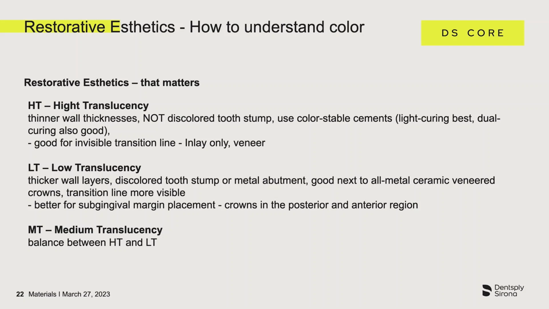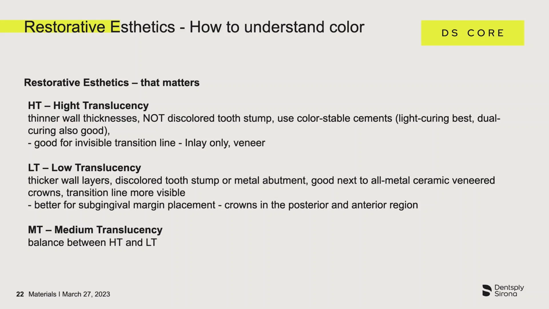As the name suggests, the LT blocks with low translucency result in a more opaque looking restoration, which often appears lighter but is more likely to cover a dark tooth stump, and where the tooth stump color does not directly affect the aesthetic shade effect of the restoration used.